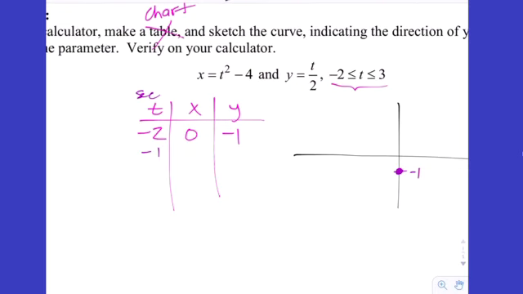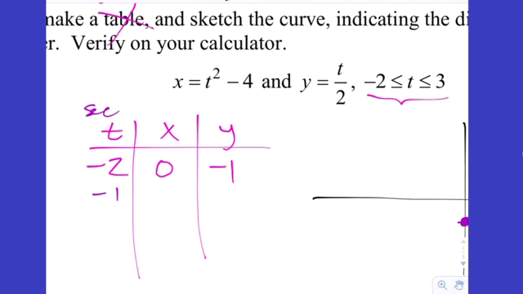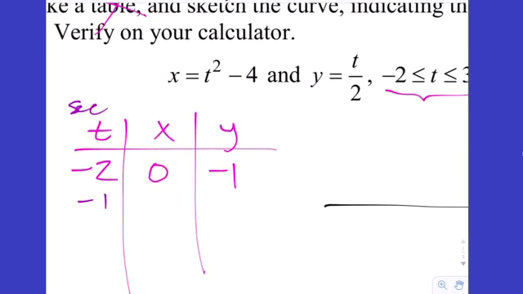And when t is equal to -1, what is x equal to? -3, and the y value is -0.5. Now, just looking at this, notice what happened. In 1 second, my x value went to the left 3 units, while my y value went up 0.5 unit.